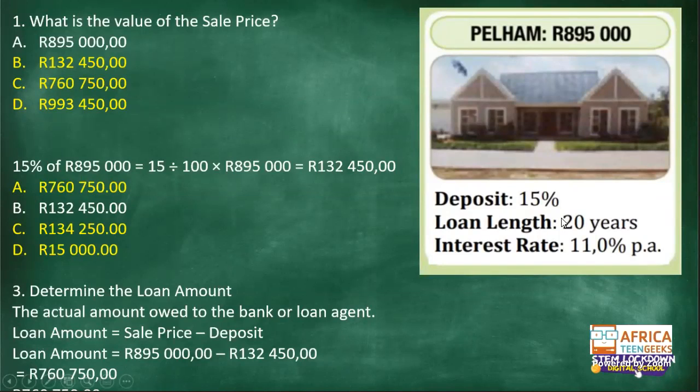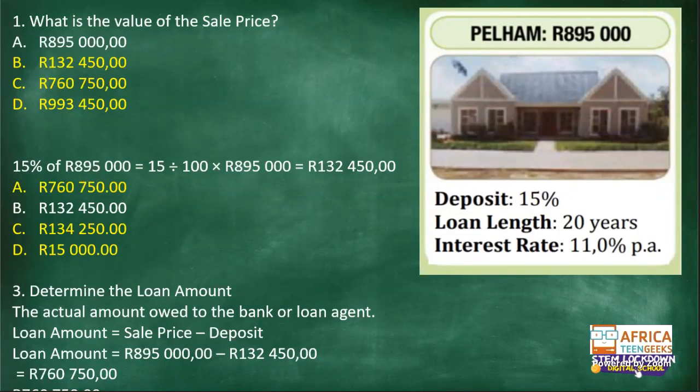Thereafter, you can proceed to divide 15 by 100 to get 0.15. And of course, once you multiply 0.15 with 895,000, then you'll see that your value will change. And of course, your value there will be 132,450.